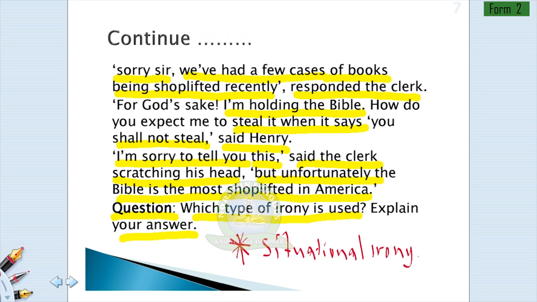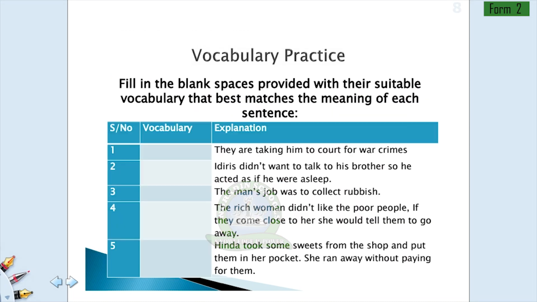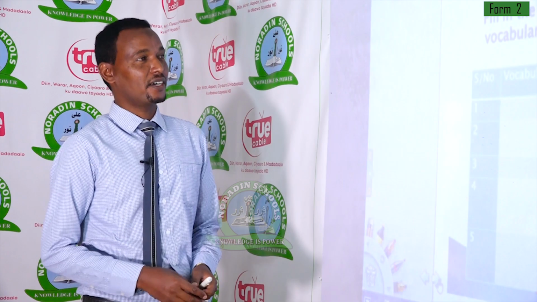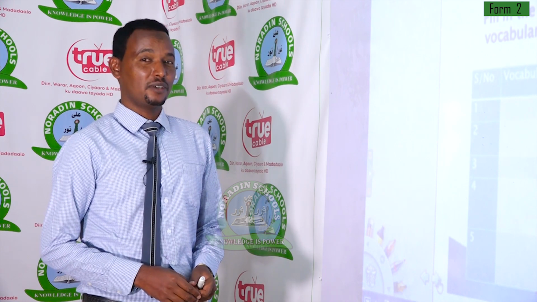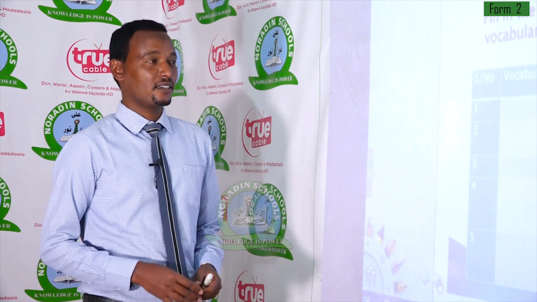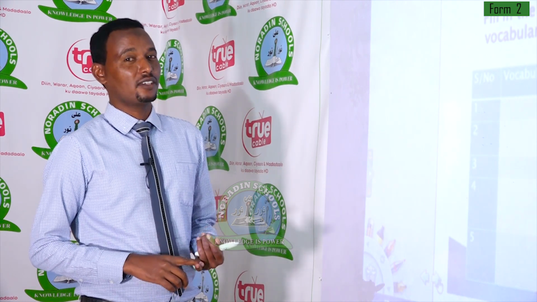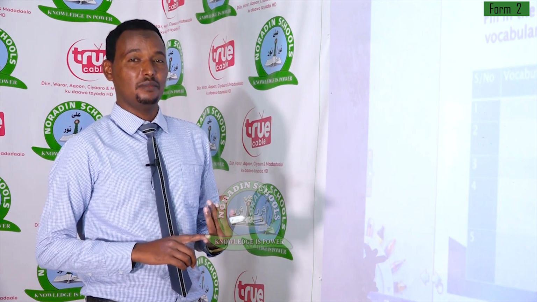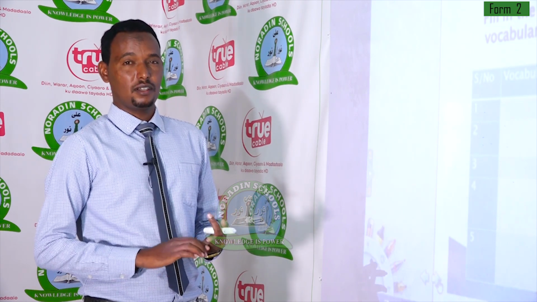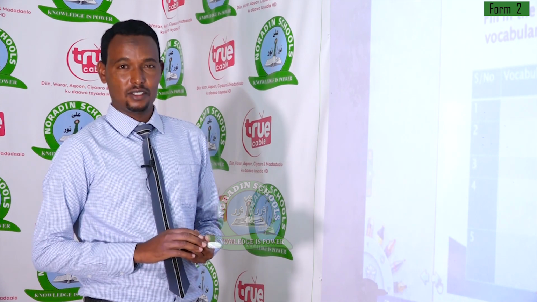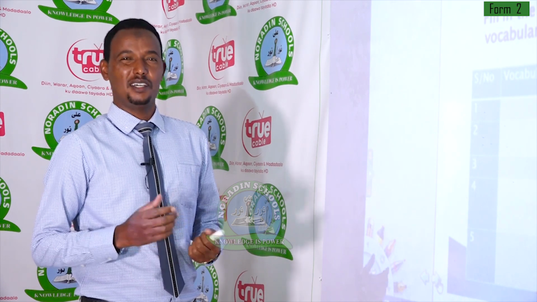Okay, class, that is the end of our lesson for today. But before we close our session, here we have got some activity, vocabulary practice. Remember, from the previous lesson we have seen vocabulary. What can you remember? For example, we have seen mean, channels, vigilance, and so many others.